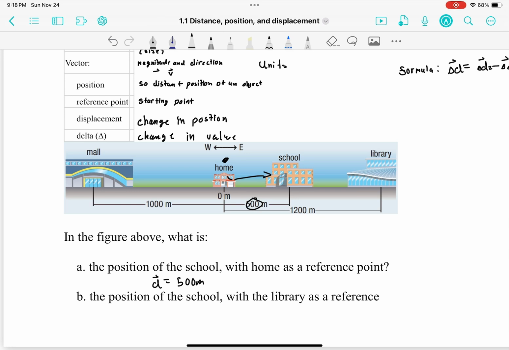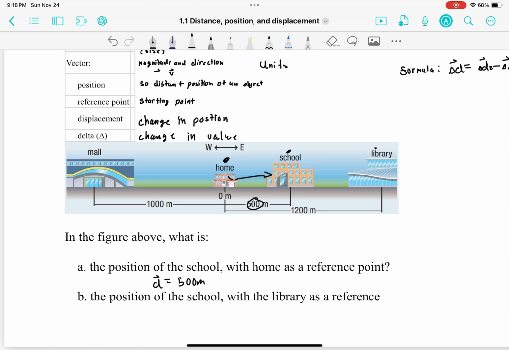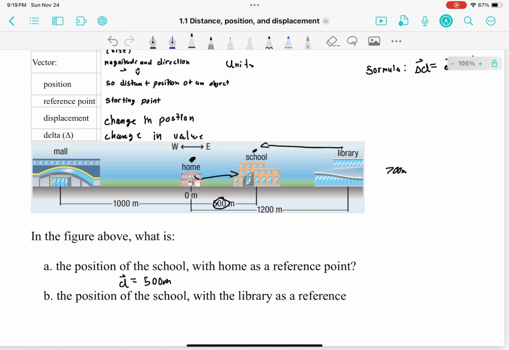It says the position of the school with the library as a reference point. So, position of the school with the library as a reference point, we know from here to here, we can account for it to be, again, I believe 700 meters. But because we're using reference points, technically we actually have to take into account the direction.